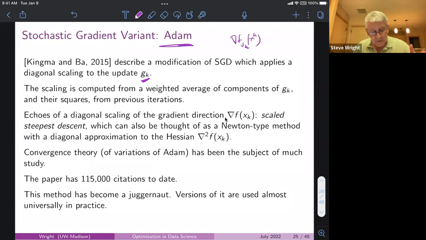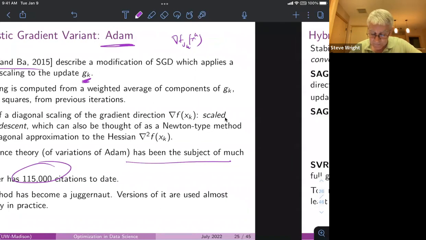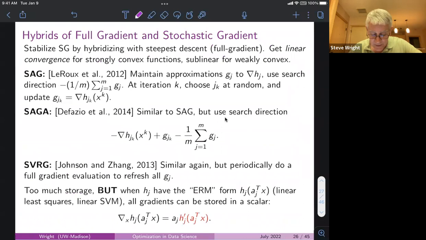They sort of keep track of them, and they use that to make a diagonal weighting of the gk's. People have proved things about this. There was a proof in the original paper, but I think it was wrong. But nevertheless, this is universally used in practice. And I checked last night, the paper has 115,000 citations. So it's become an absolute juggernaut. So that's what's used in practice.